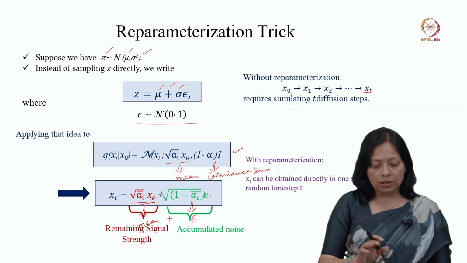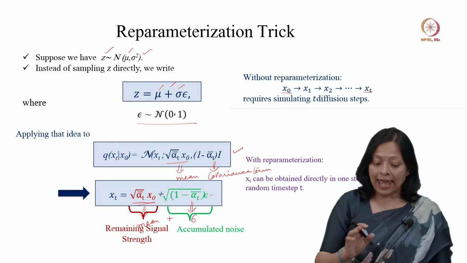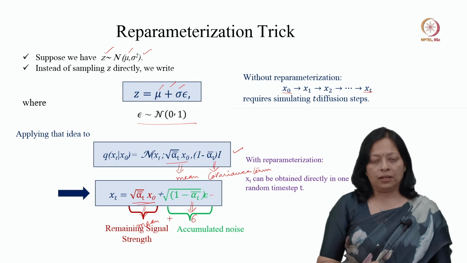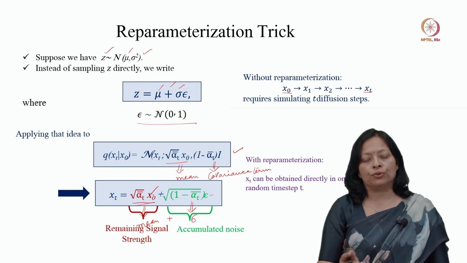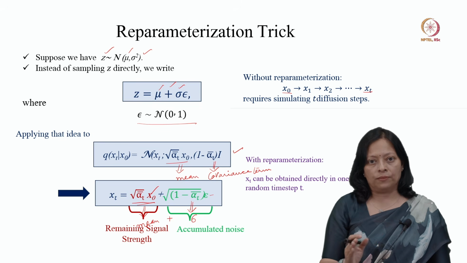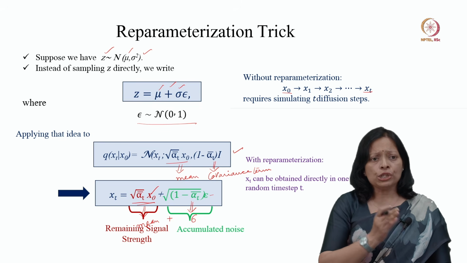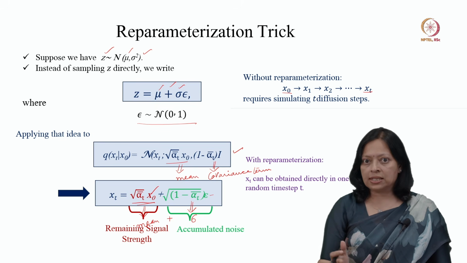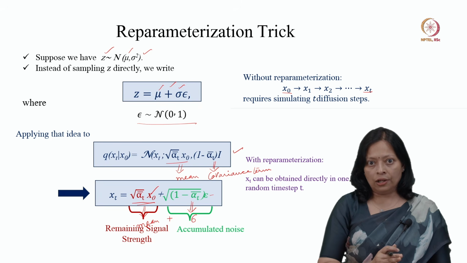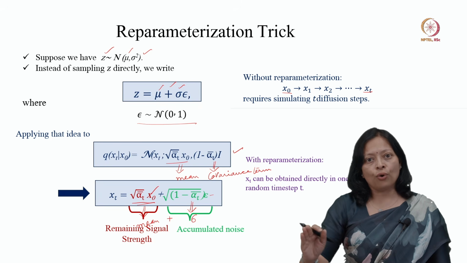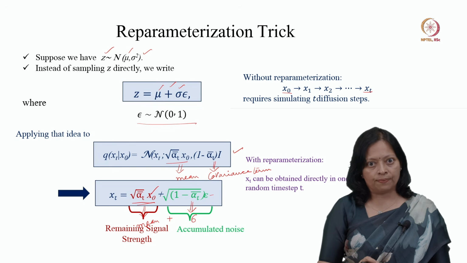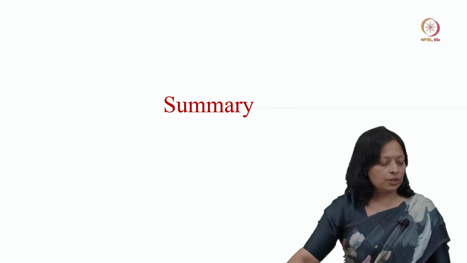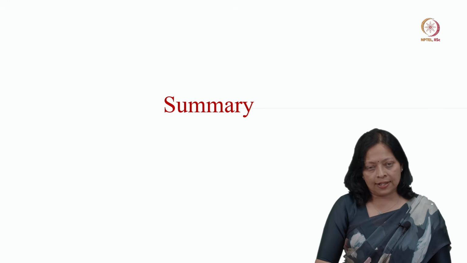With this reparameterization technique, x_t can be obtained directly in one step for any random step t, provided you know x_0. x_0 is known to you because that we have given to the model. So, in one step we can get x_t and we can avoid going through all the steps in the diffusion process.